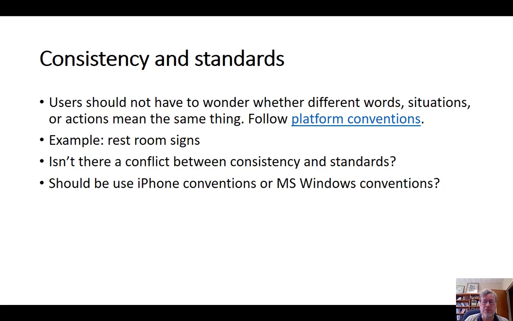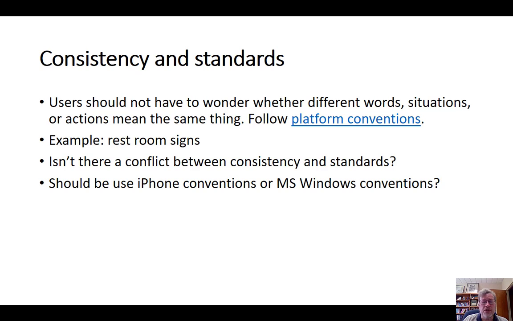I'm sure you've been at places, usually restaurants, that have gotten really clever about their signs to indicate male and female. Sometimes they get so clever that it takes you a while to figure out which sign means what. That's not really what you want in a restroom sign, right? You really want to be clear about what you're doing, right?